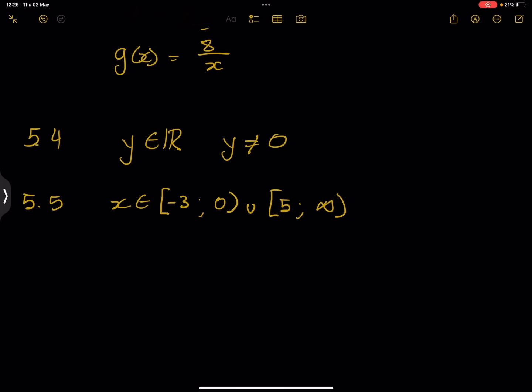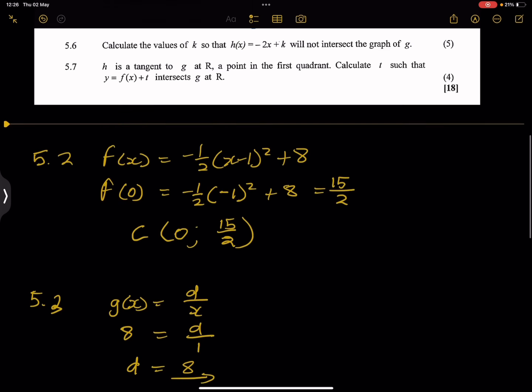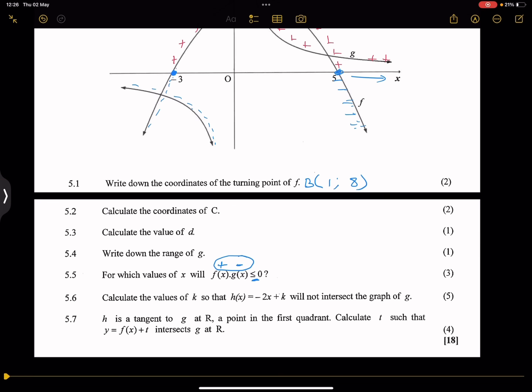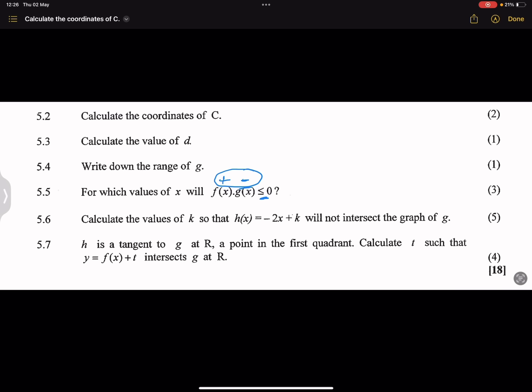So another way I could have written this is that x should be less than 0 but greater or equal to -3, or x should be greater or equal to 5. Okay, and that is how the cookie crumbles, ladies and gents. Right, let's go to the next question.